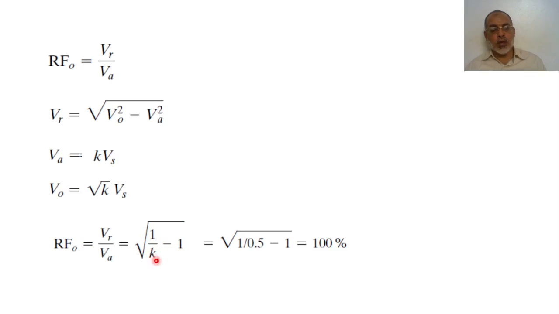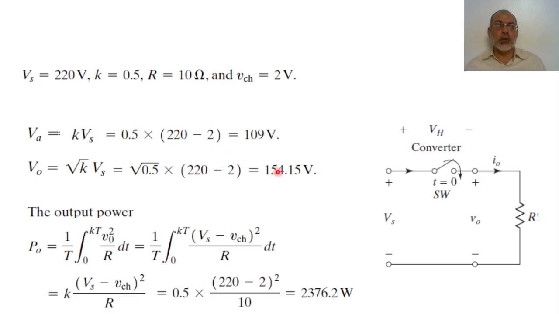Now we have K is 0.5, so the output ripple factor is the square root of 1 over 0.5 minus 1, and according to this, 100%. Actually, this can be done by what we have already calculated for V out and V average.